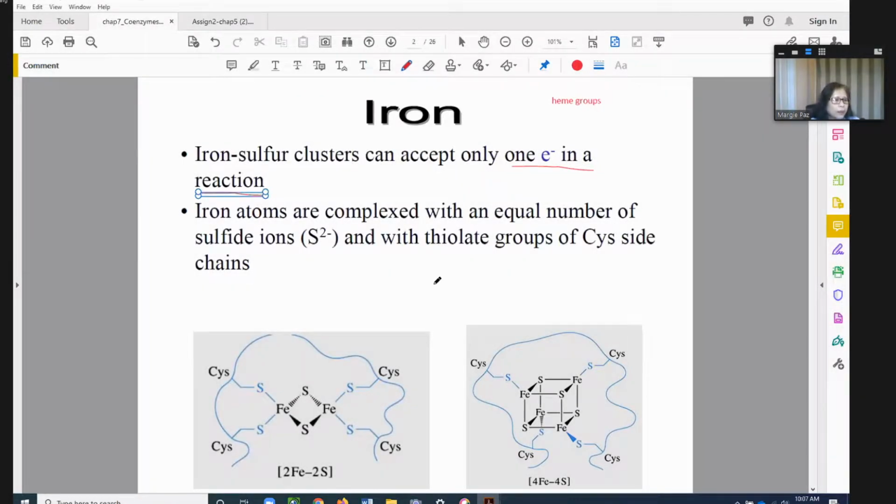And whether there are two or four, as we see here on the right, four iron ions associated with the complex, again, the complex can only accept one electron in an oxidation reaction. Right? So iron undergoes reversible oxidation and reduction.